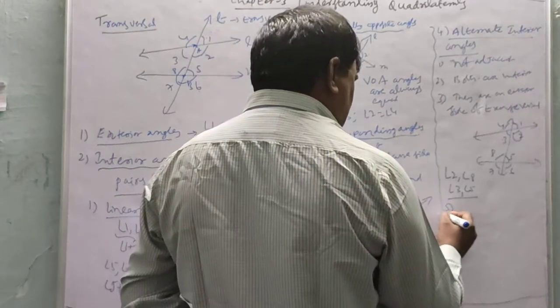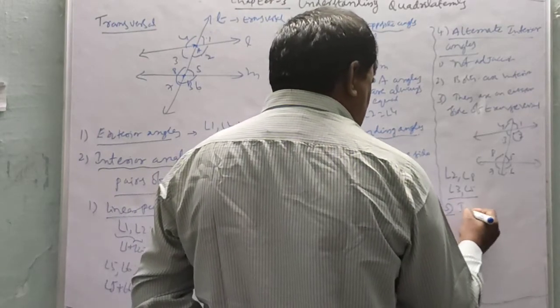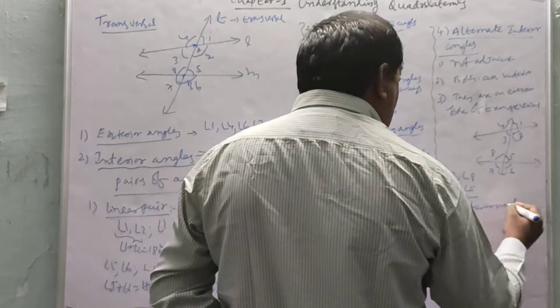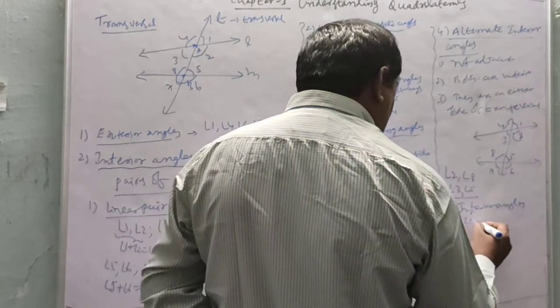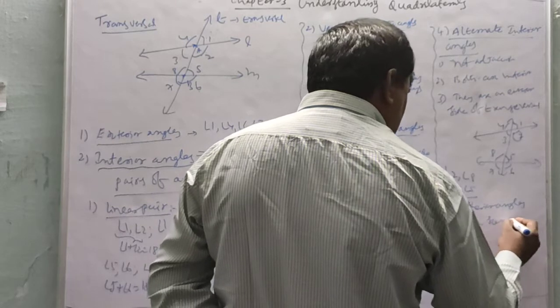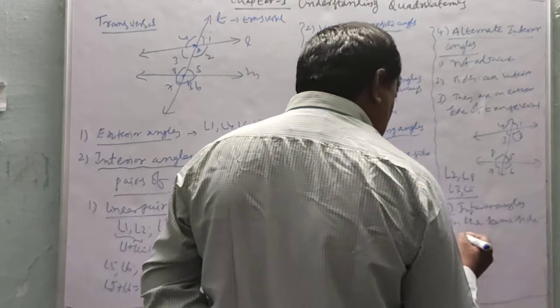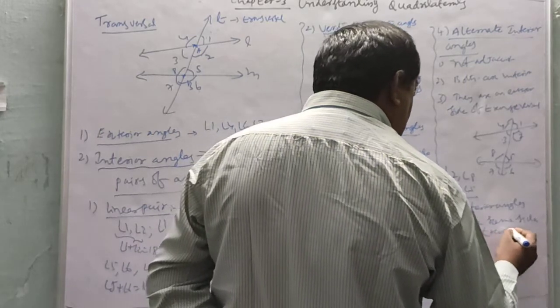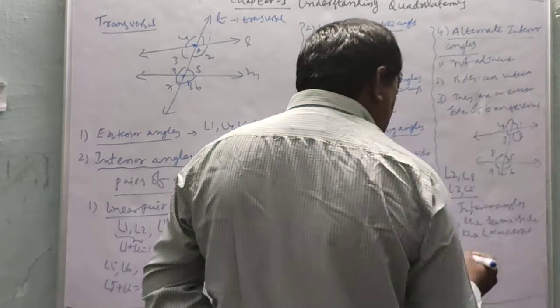Next pair of angles I need is interior angles on the same side of the transversal. Now what is the meaning of this?